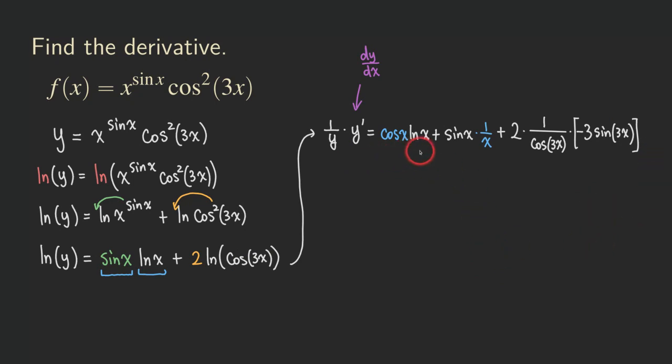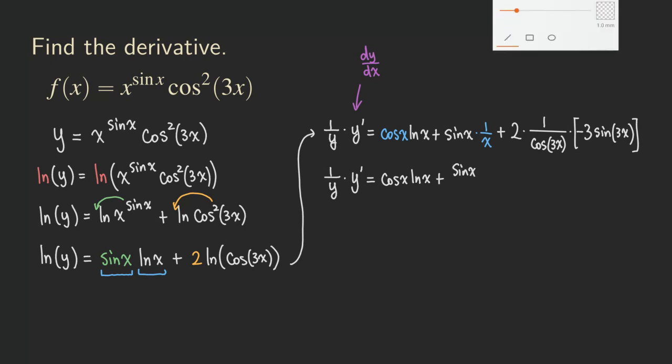That's good. Okay, so it's a good idea to actually simplify this step a little bit. So we are going to get 1 over y times y prime. And then just clean up this whole expression right here. So we are getting cosine x ln of x, and then plus sine of x over x, and then minus.